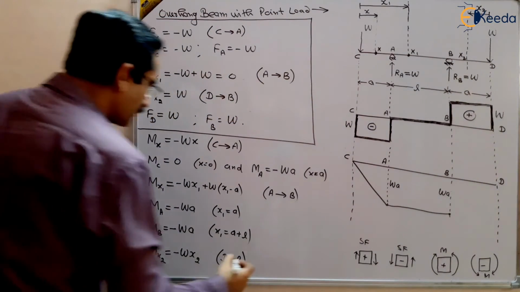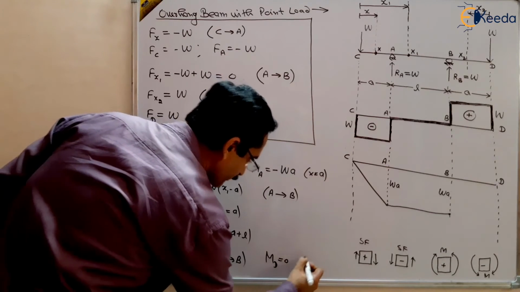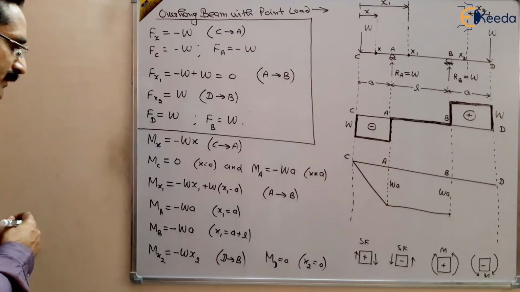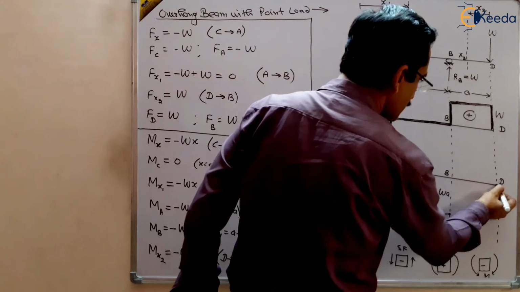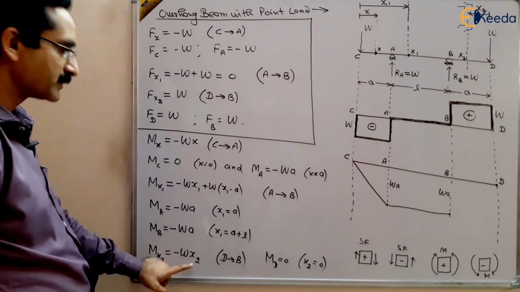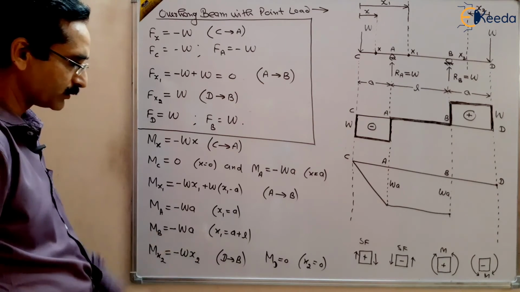And what is the value at D point? MD is equal to 0, because x2 will be equal to 0, right? So MD is 0, and MB, what is MB? MB will be equal to minus WA again, right? From here also we are getting MB is equal to minus WA.